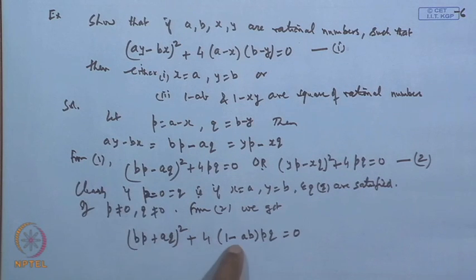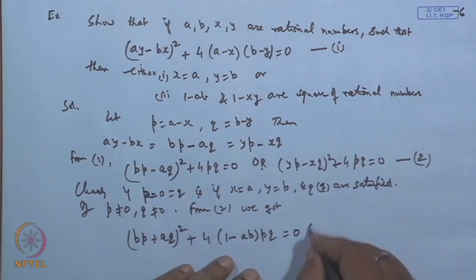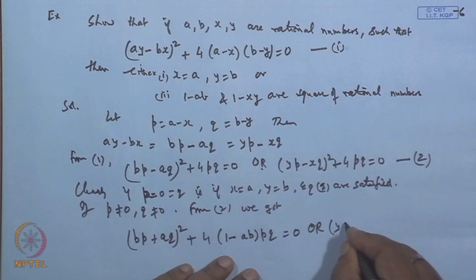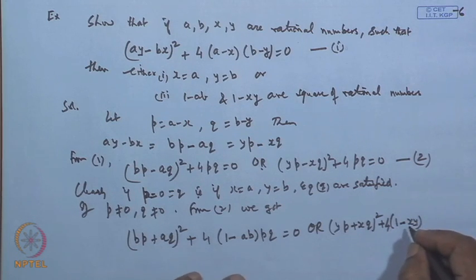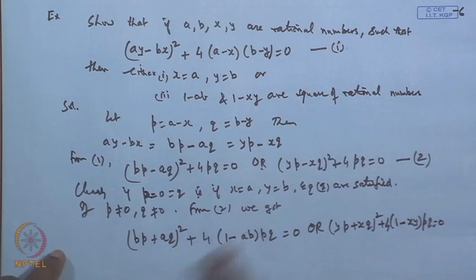Then only it is balanced. Similarly, if I take yp plus xq whole square, then you get 1 minus xy times 4pq is 0. This is from 2. Now, divide by pq.